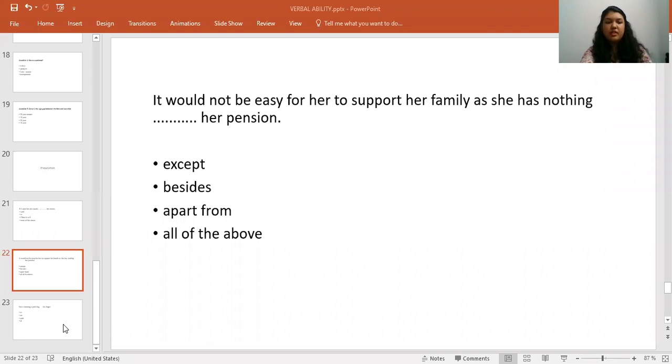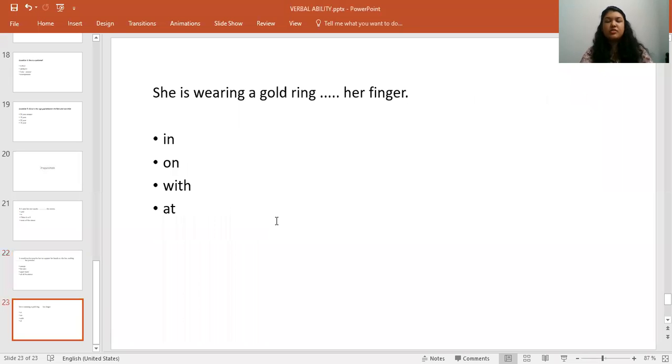Now going to the last question. She's wearing a gold ring dash her finger. When we have a sentence that describes a body part, for example, an ornament or anything of the sort being worn on a body part, we always use on.